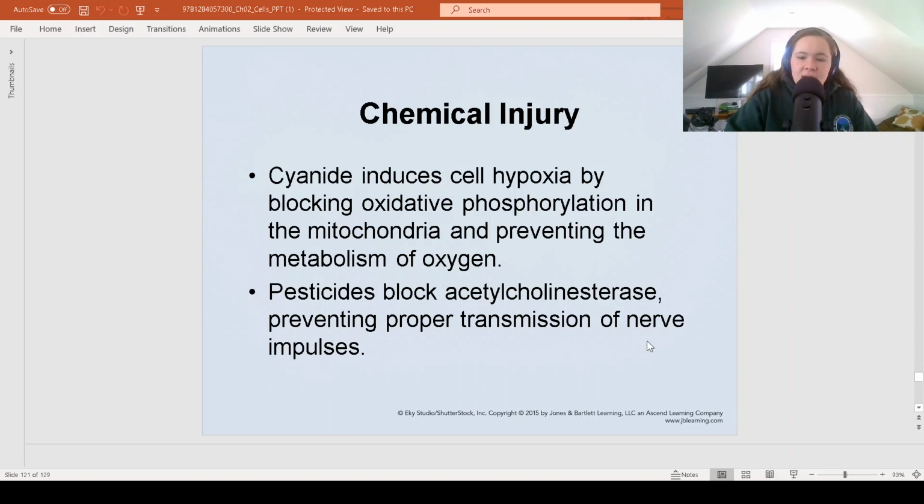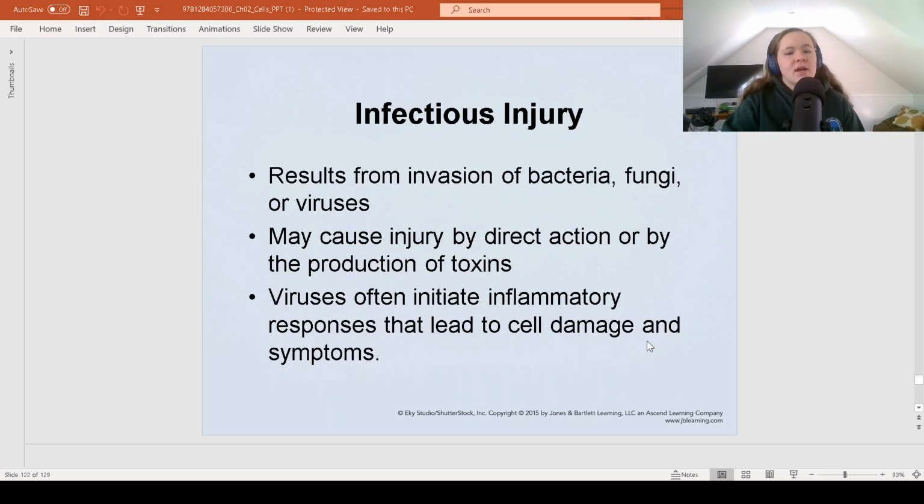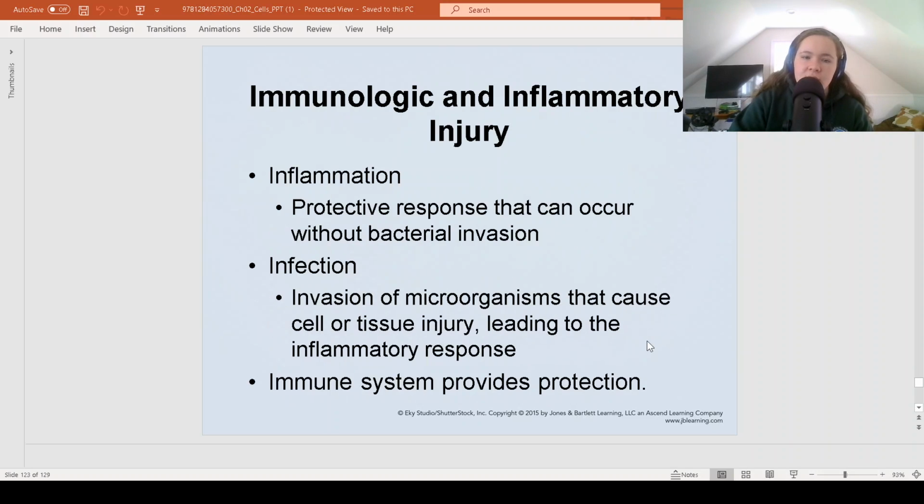Pesticides block acetylcholinesterase, preventing proper transmission of nerve impulses. Infectious injury results from invasion of bacteria, fungi, or viruses. They may cause injury by direct action or by production of toxins. Viruses often initiate inflammatory responses that lead to cell damage and symptoms.